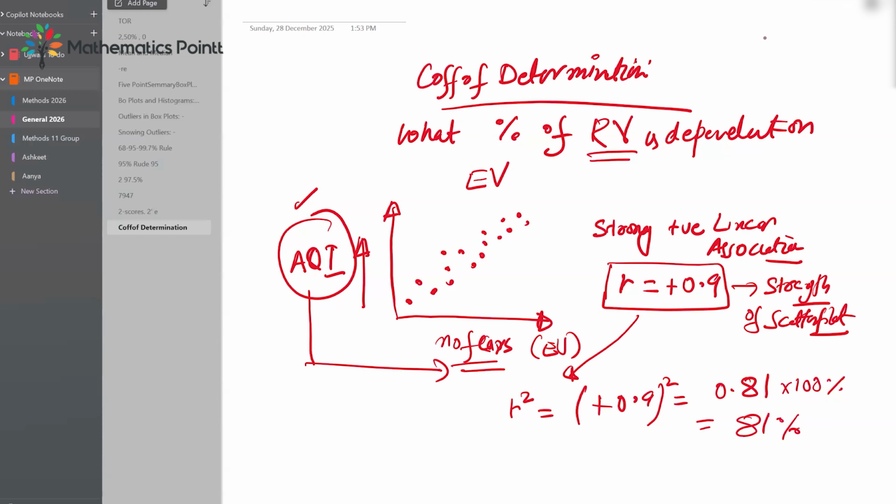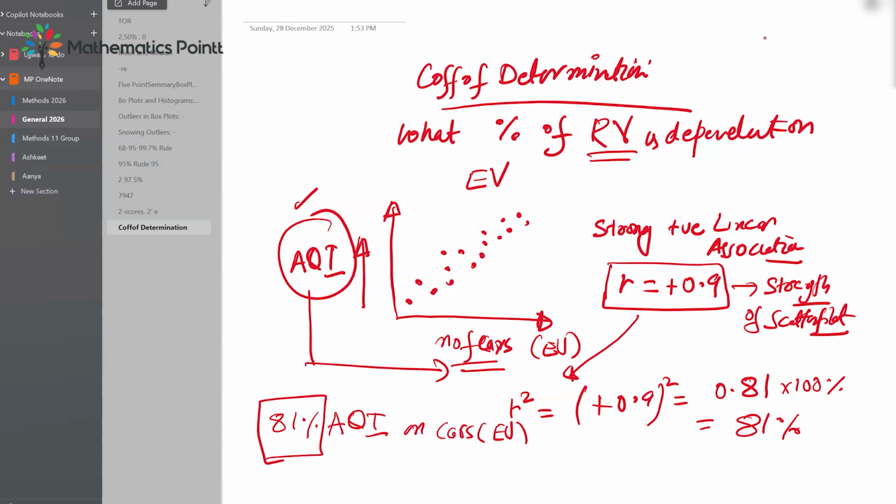And that is what my answer is, that in this scenario, 81% of the cases, my RV, which is my AQI, is dependent on my EV, which is the number of cars. 81%.